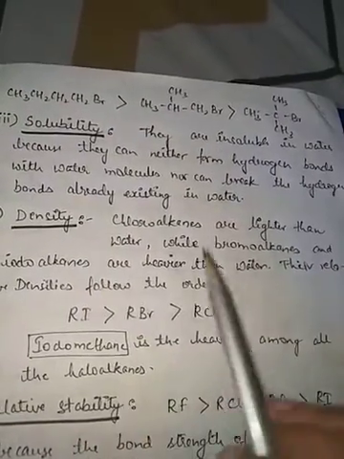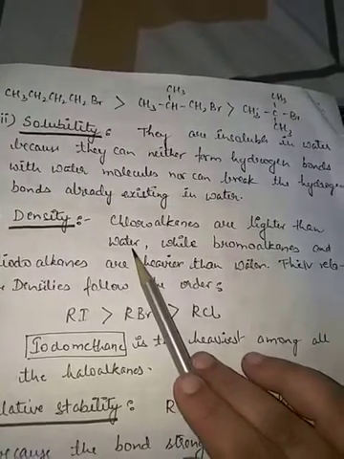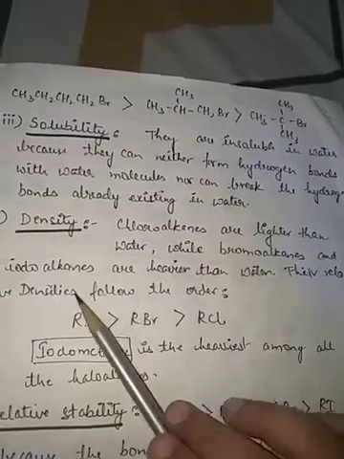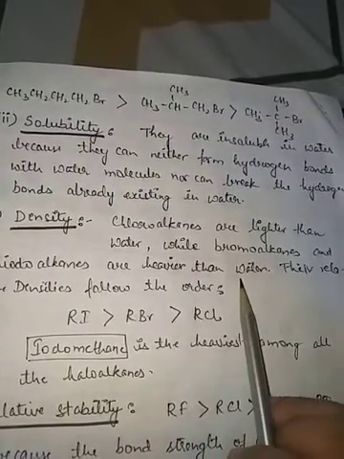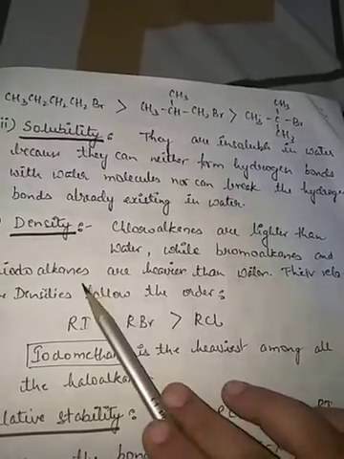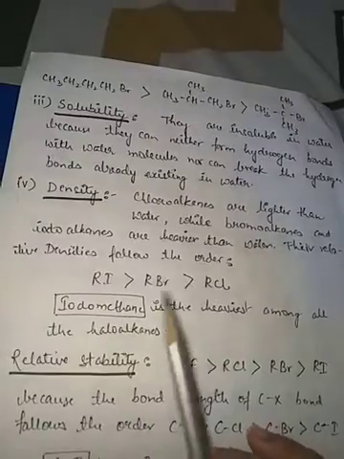Density, if we talk about, chloroalkanes are lighter than water, while bromo and iodoalkanes are heavier than water. It means bromoalkanes and iodoalkanes have higher density as compared to the chloroalkanes, and their relative densities are as follows.